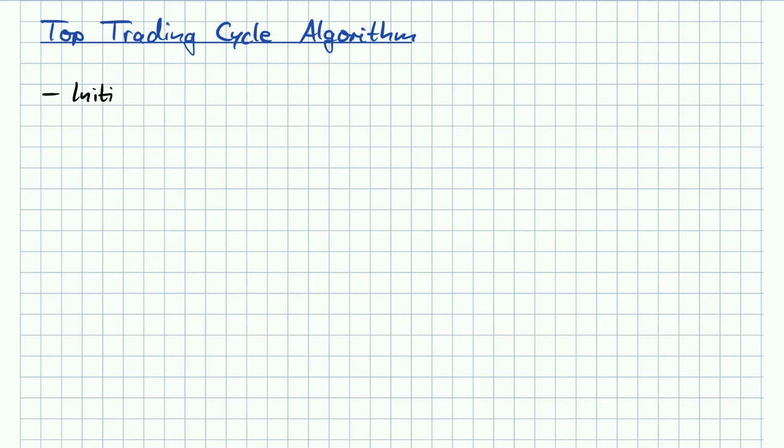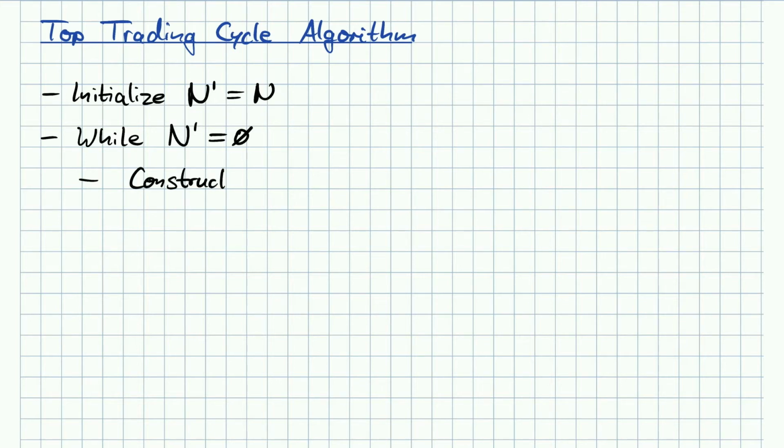We'll initialize n prime as the set of all agents, and while there are still agents left, we do the following. We construct a directed graph on n prime.